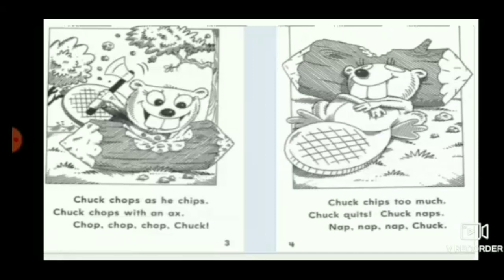Chuck chips too much. Chuck quits. Chuck naps. Nap, nap, nap, Chuck. Okay, very good. Now let us read together.